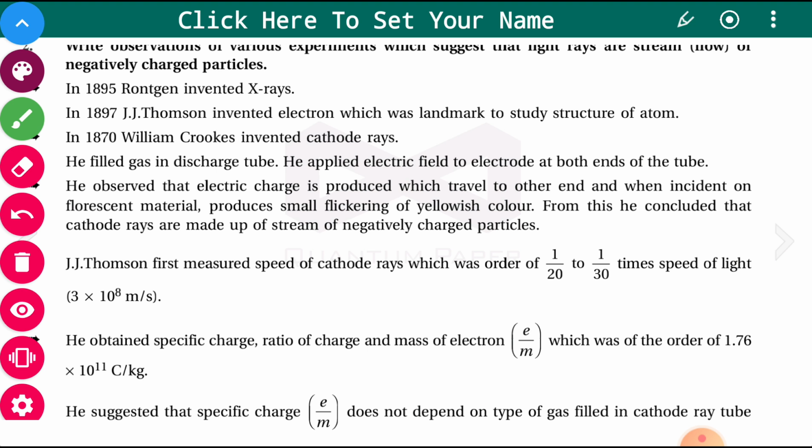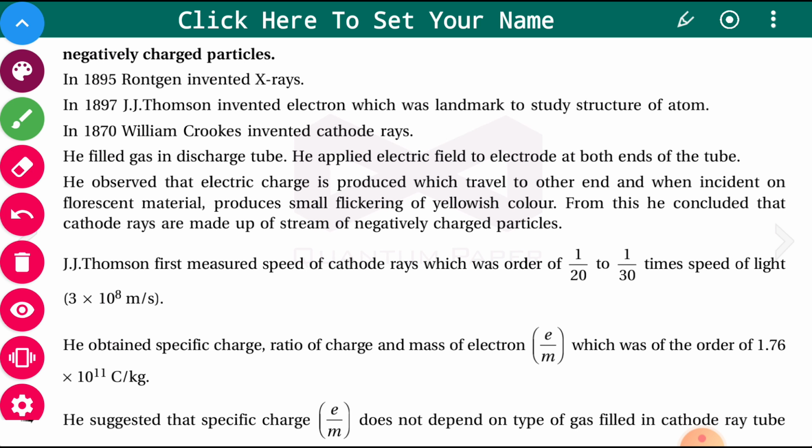In 1895 Röntgen invented X-ray. Then in 1897 J.J. Thomson invented the electron, which was a landmark to study the structure of the atom. Then in 1870 William Crookes invented cathode rays. He filled gas in a discharge tube and applied an electric field to the electrodes at both ends of the tube.